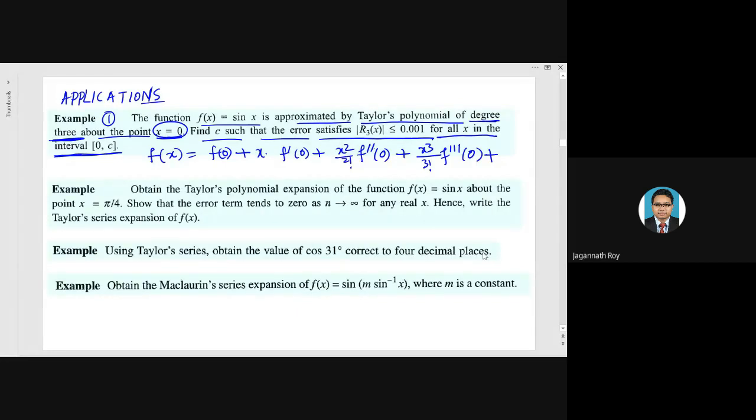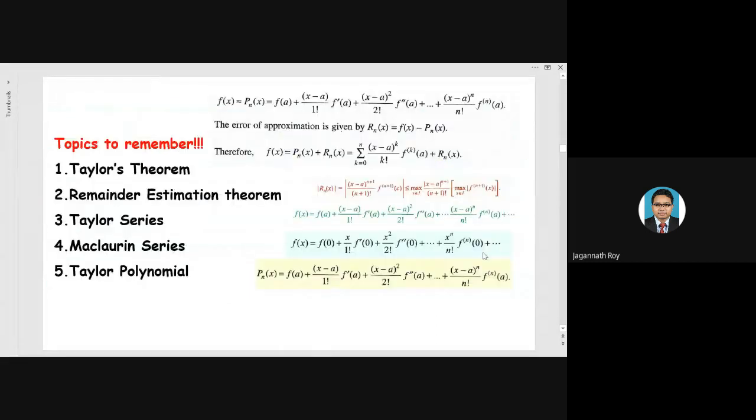So after that, what will we write? This is R3(x). If you remember the expression for the remainder term, R_n(x), R3(x) will be (x minus a) whole to the power n plus 1.